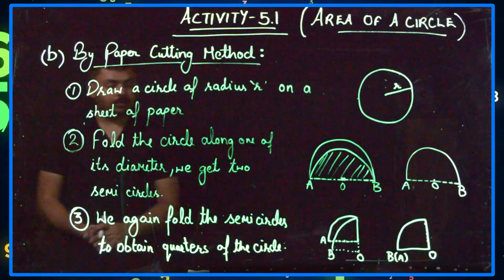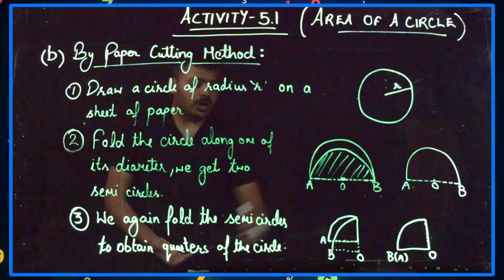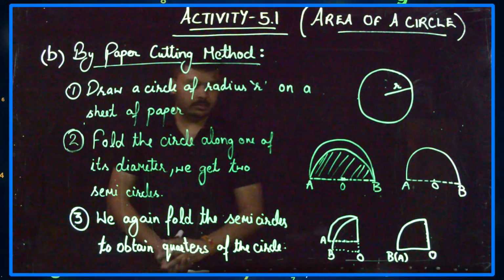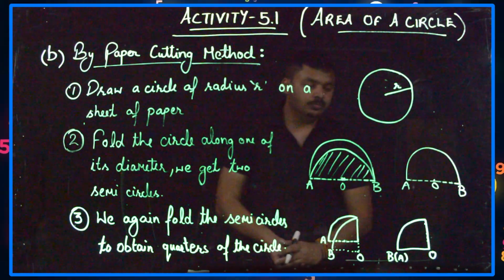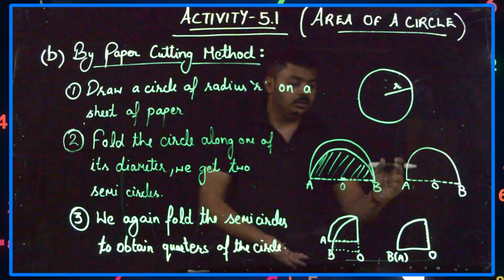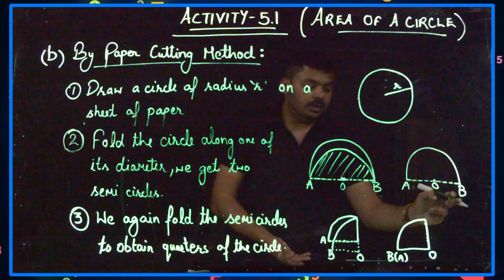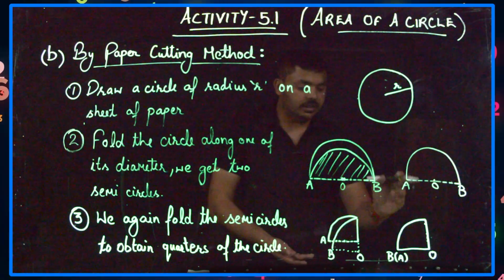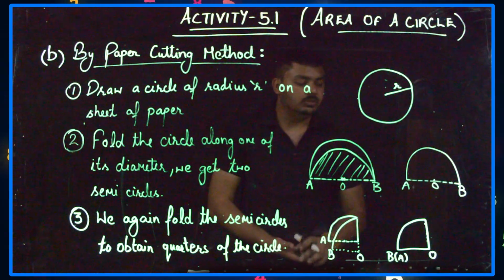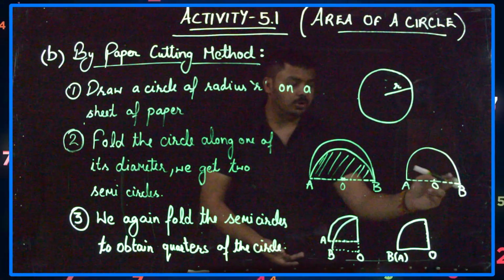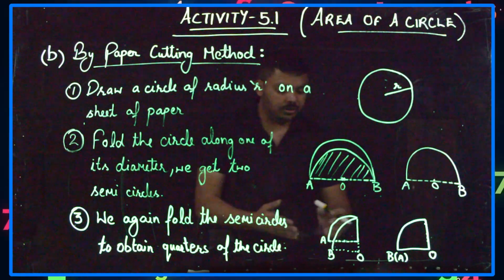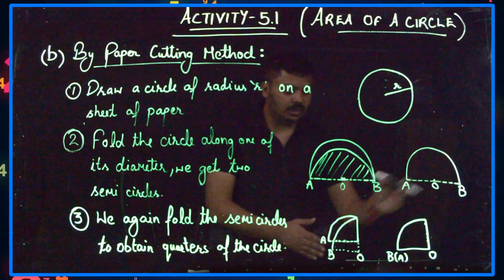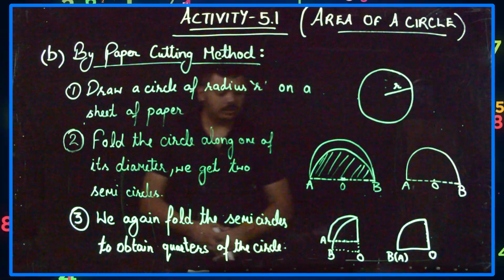In this way, we have formed quarters of the semicircle. That is, we have folded the semicircle along the radius such that B exactly comes over point A. That is, point B is exactly over point A. So in such way, we will fold the semicircles to obtain our quarters.